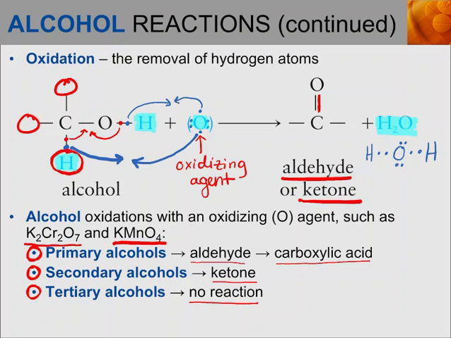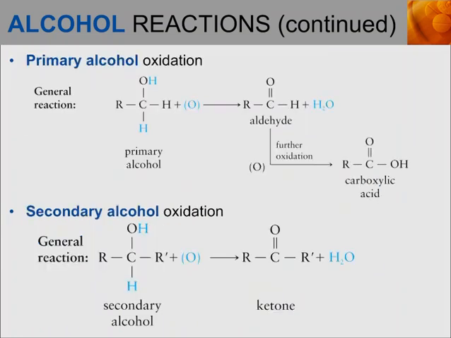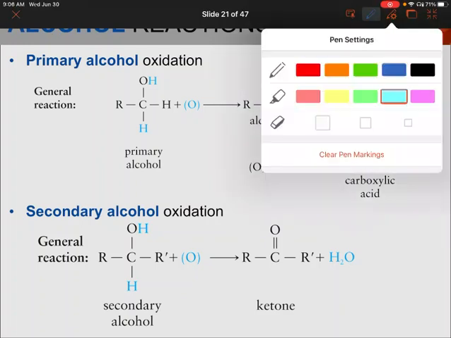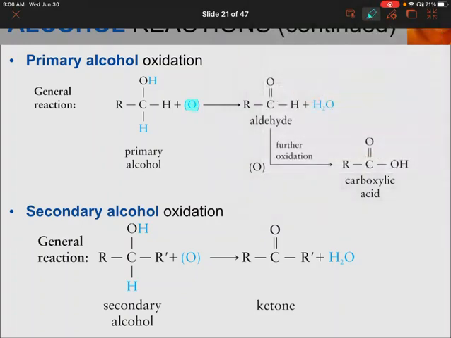So let's look at some specific examples. Let's look at a primary alcohol oxidation. Again, we have our oxidizing agent, either potassium dichromate or potassium permanganate, and that is going to team up with the hydrogen from our alcohol group and one of the hydrogens on the neighboring carbon.